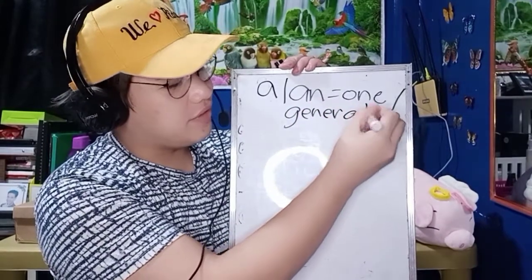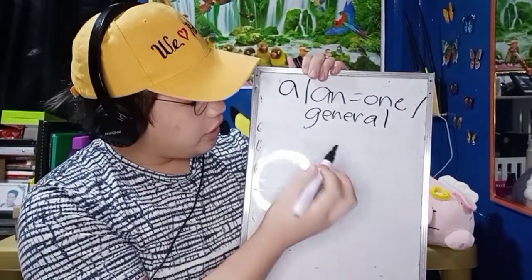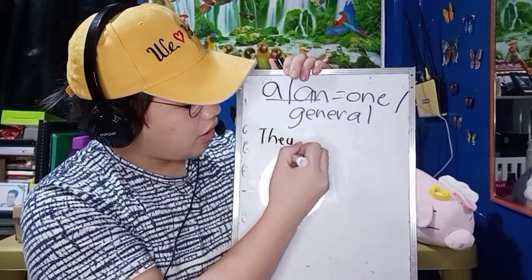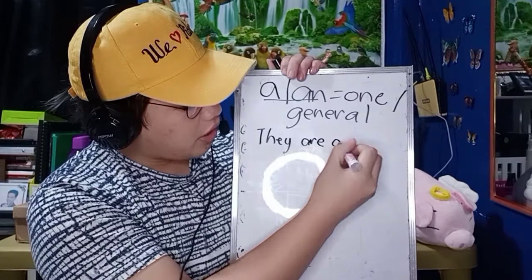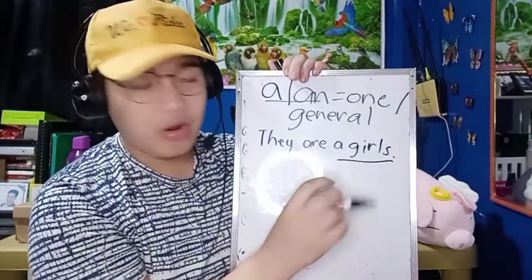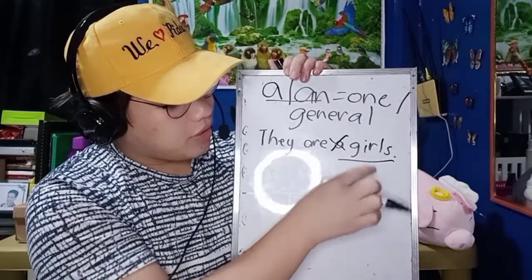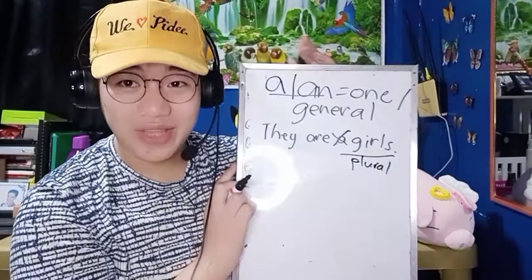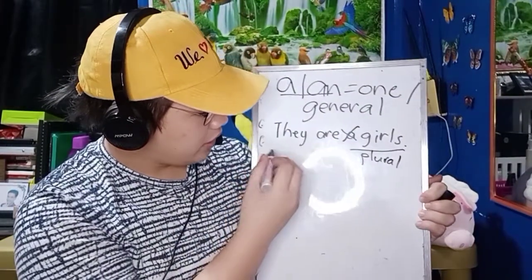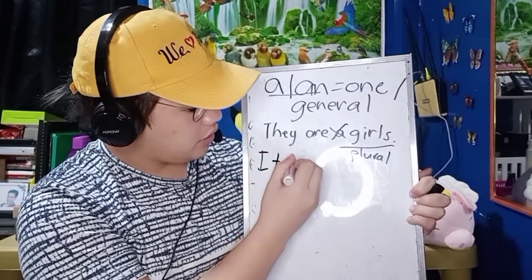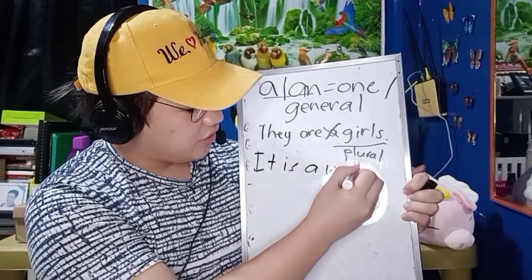It's not specific. Okay? So, in this case, guys, for example, here, they are a girls, right? This kind of sentence is wrong. This is wrong because girls here is plural. And at the same time, here also, we cannot say, it is a water.